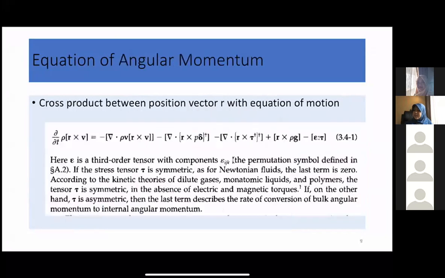And if the equation is related with angular motion, it is called the cross product with the position vector. This is the equation for angular momentum. For example, if we consider fluids in angular motion, for example in a cyclone or in centrifugal force, something like that, we consider the angular momentum, then we can use this equation. So this is an example.